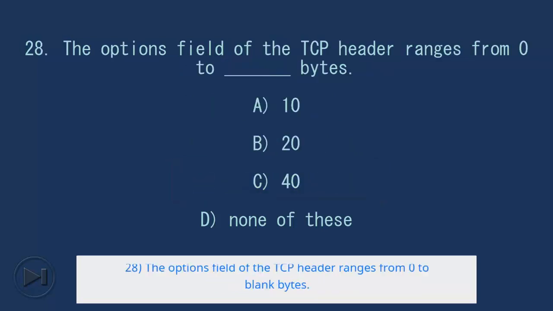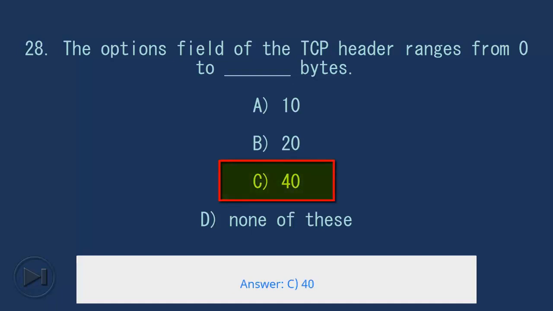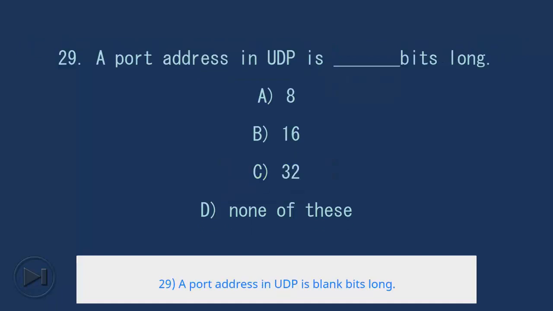28. The options field of the TCP header ranges from 0 to blank bytes. A. 10. B. 20. C. 40. D. None of these. Answer, C. 40. 29. A port address in UDP is blank bits long. A. 8. B. 16.